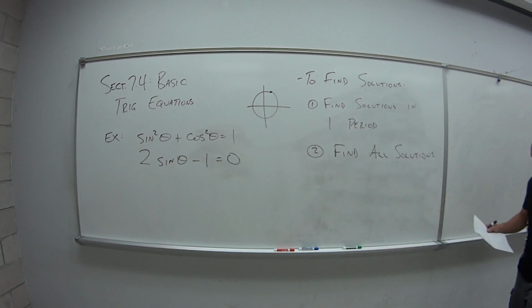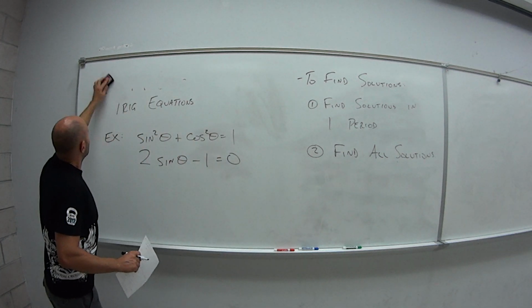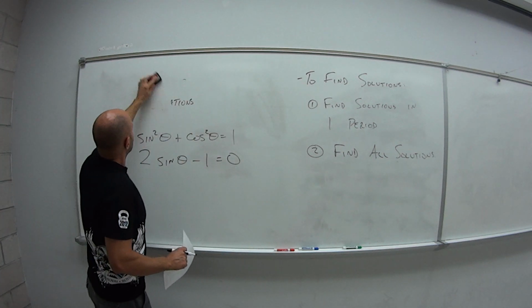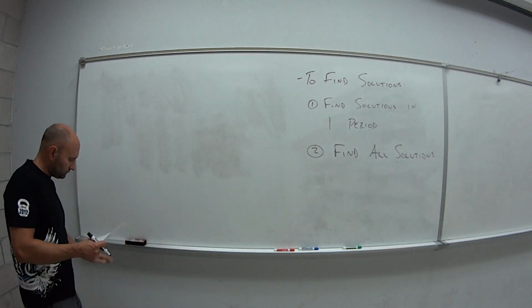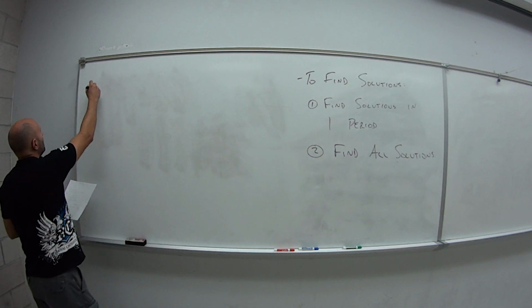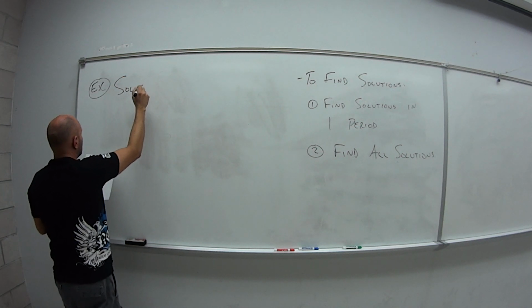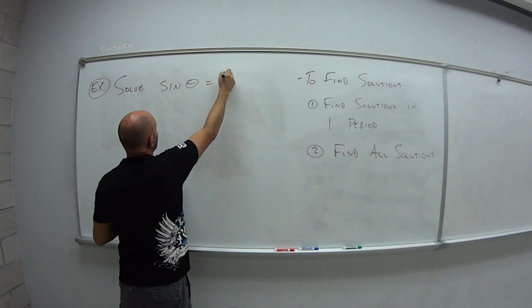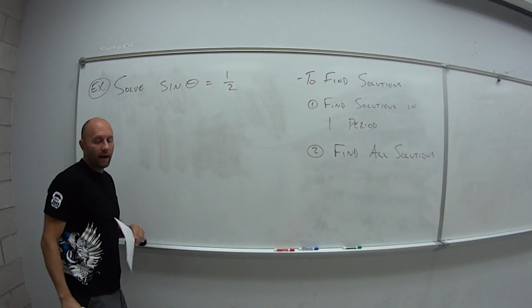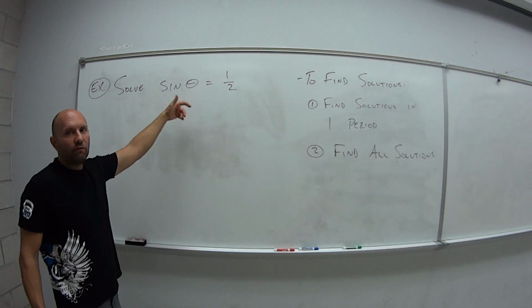So let's look at a basic equation to start. Let's say we want to solve sine of theta is equal to 1/2. To get theta by itself, what do we need to do?